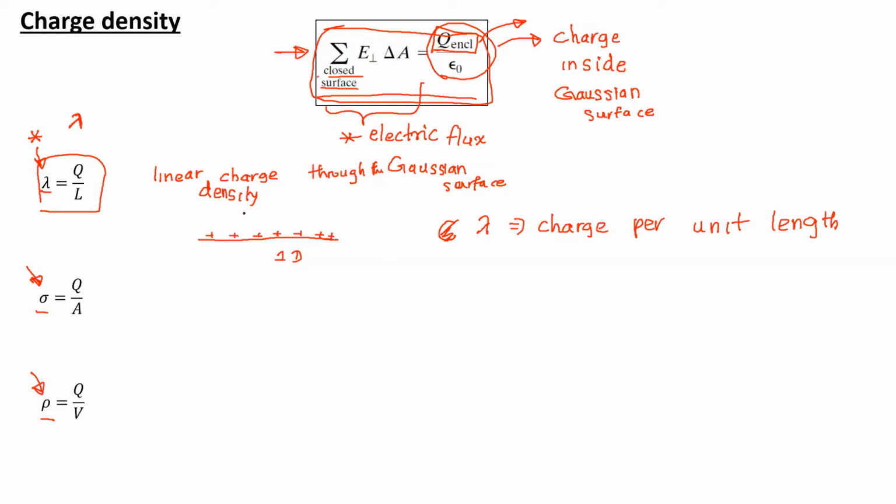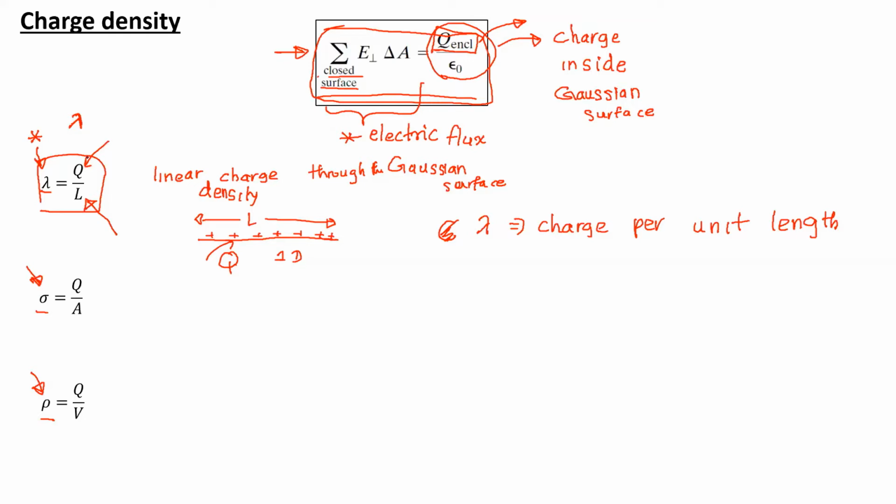Let's say the total length of your wire is capital L and the total charge was capital Q. To get the charge per unit length, you divide the total charge by the total length.